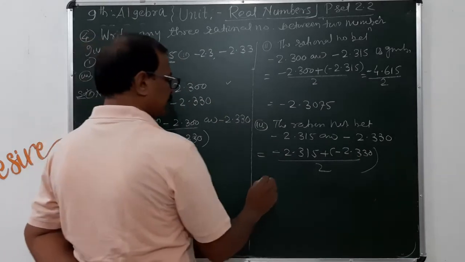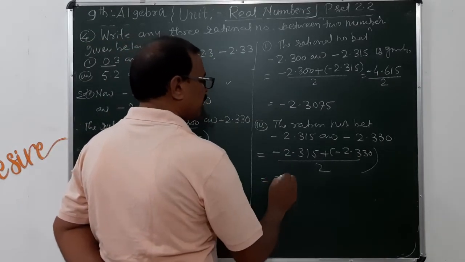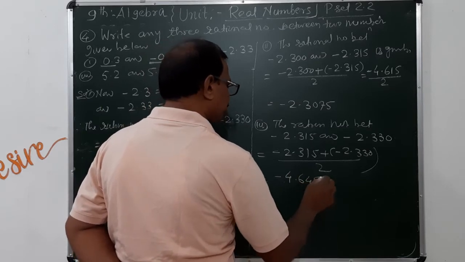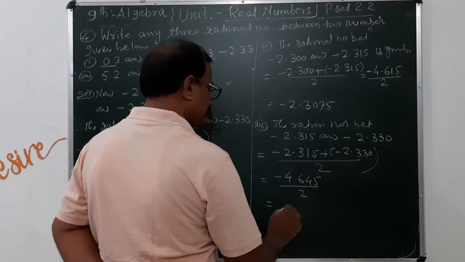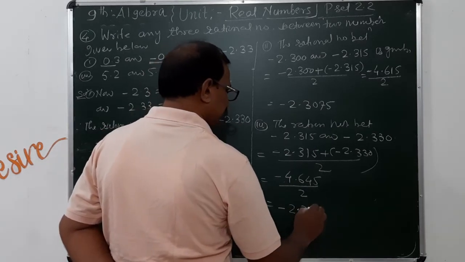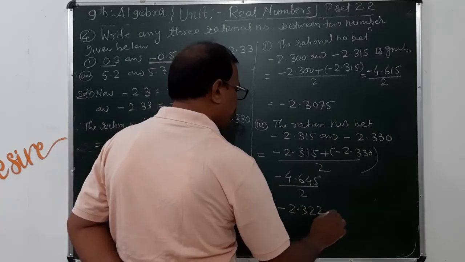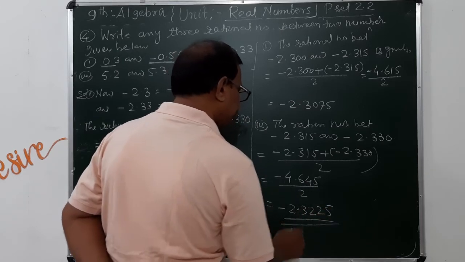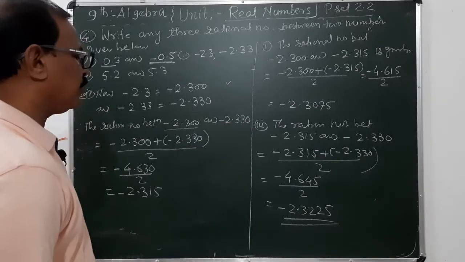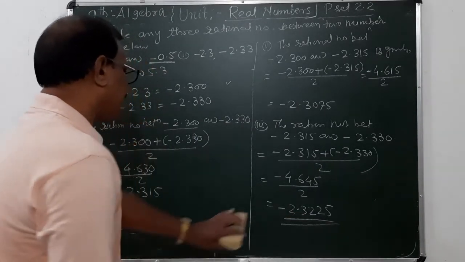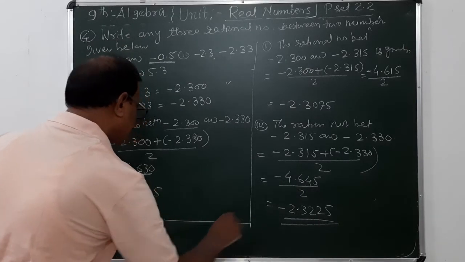Okay, so that is equal to minus 4.645 divided by 2, that is equal to minus 2.3225. So minus 2.3225.